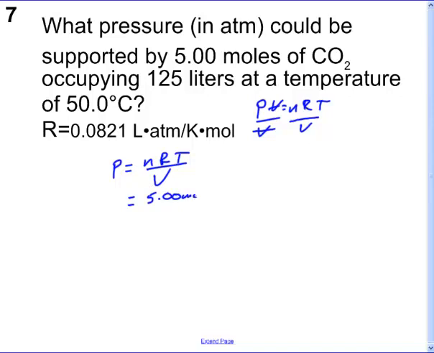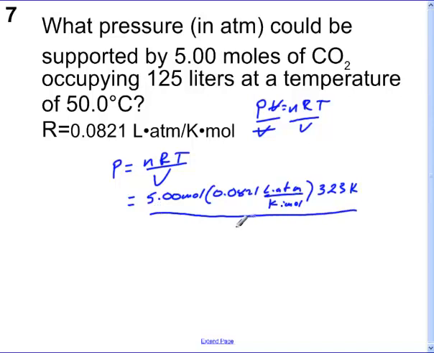My gas constant is 0.0821 liter·atm over K·mol. And that is times the temperature, which is 50 degrees Celsius, plus 273, is 323 K. And all that divided by the volume, which in this case is 125 liters.